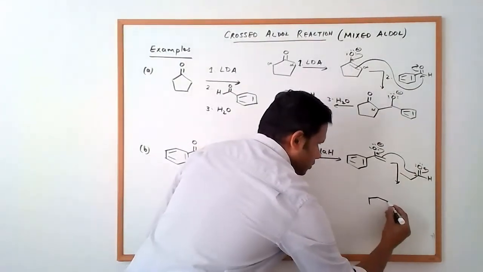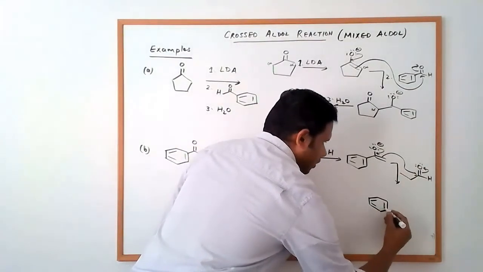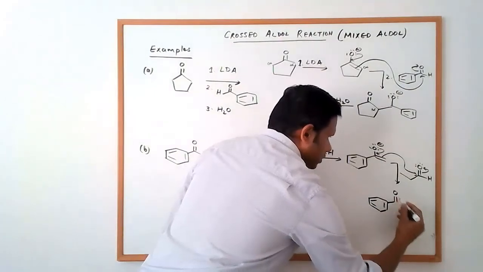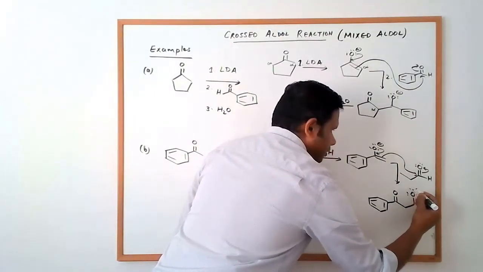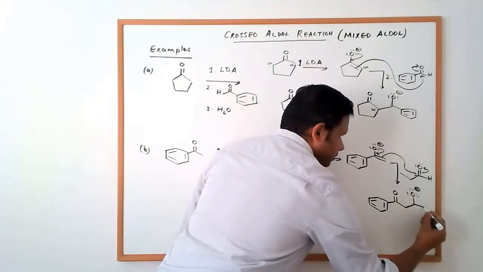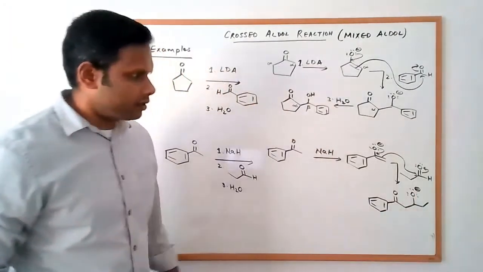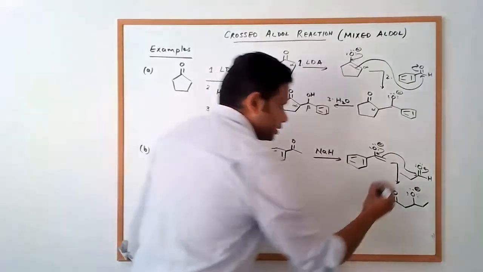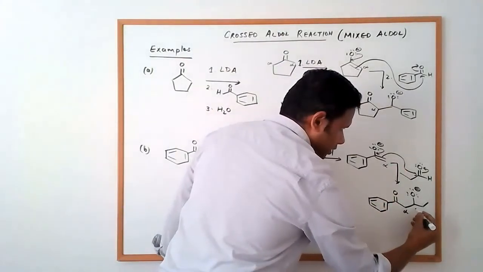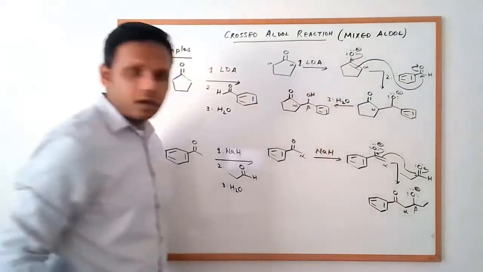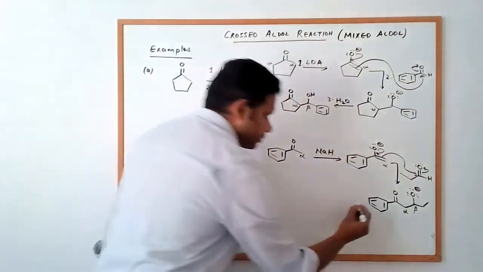And it will give us a bond between the alpha carbon and the carbonyl carbon of that molecule. So there's our alpha carbon, and the carbonyl carbon now becomes the beta carbon.